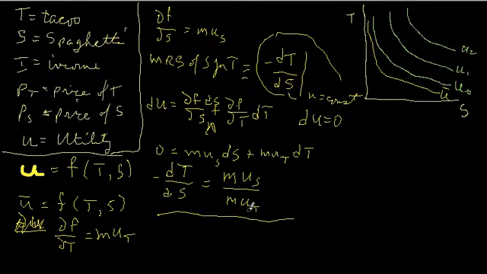The last piece that we need to get straight is the income constraint, which defines the relationship between income and the amount spent on the goods.